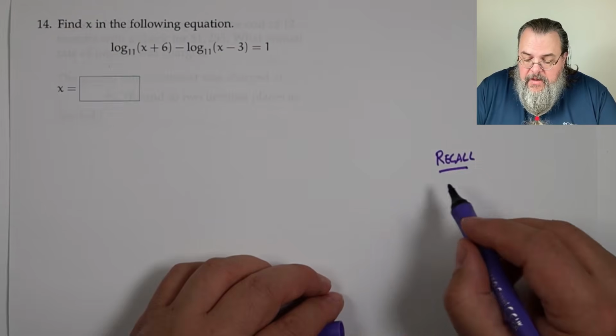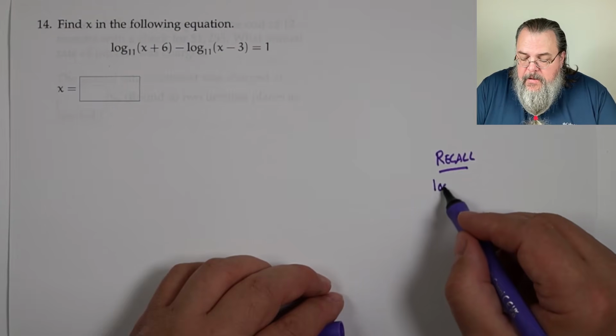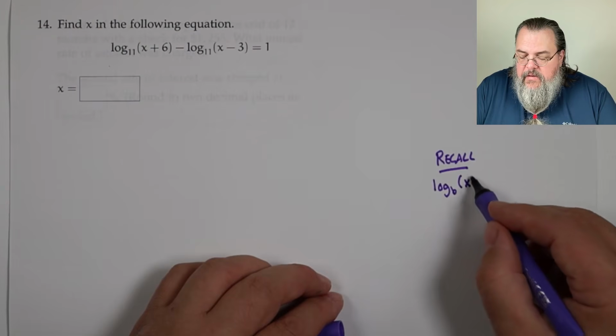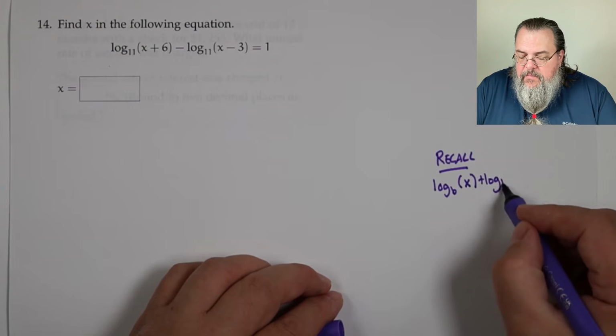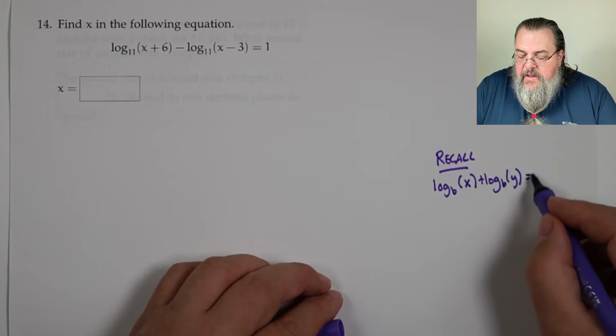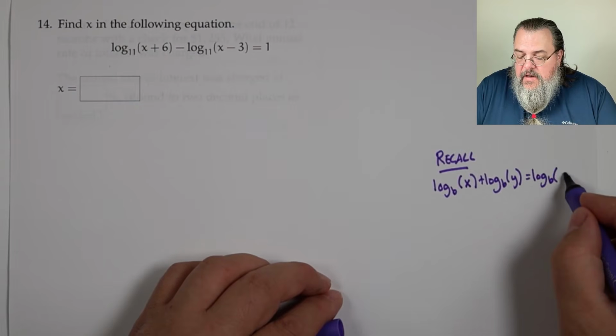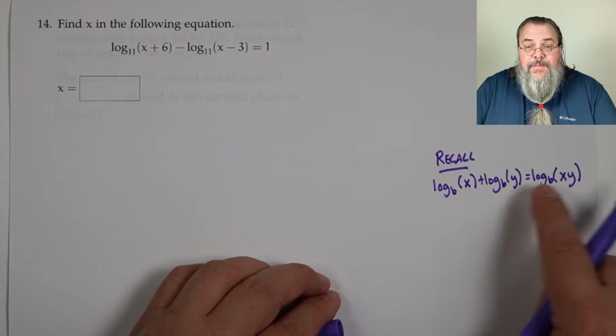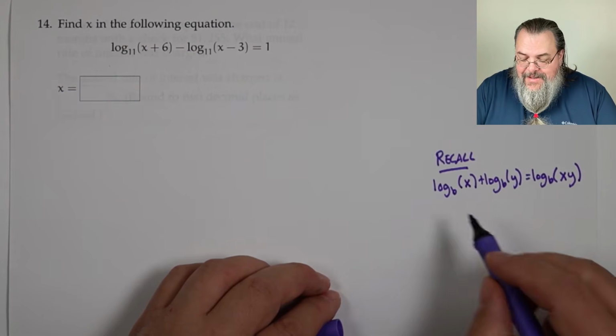One of them says if I have log base b of x plus log base b of y, that's log base b of x times y. In other words, addition becomes multiplication on the inside.